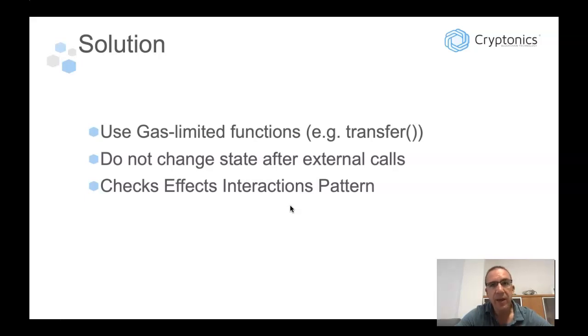For example, if the user has enough balance that he is allowed to call this function, all these things should come first. Then you do the effects it has on the state. You update the state, and then you actually do the interaction, well, the actual transfer in this case. So it's a way of ordering things that is much more secure than other solutions, and it's really best practice.